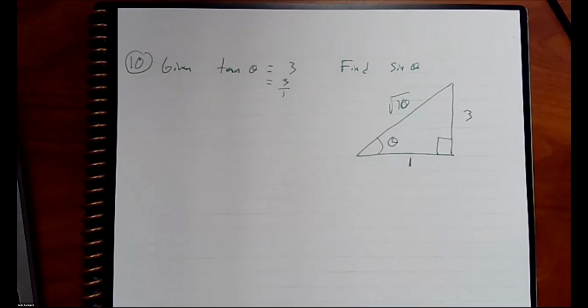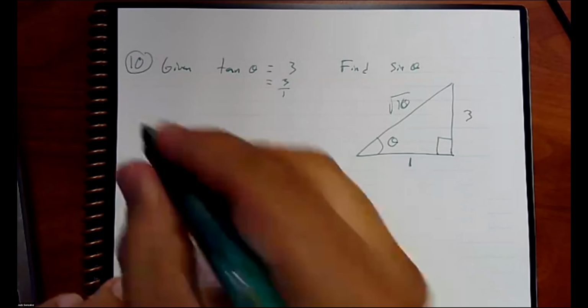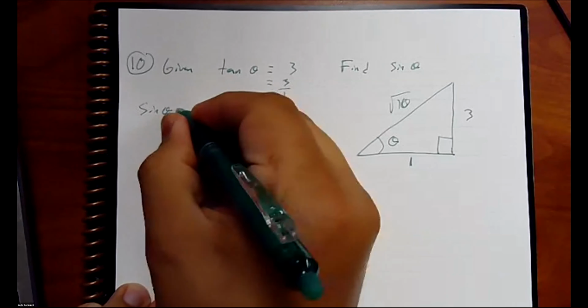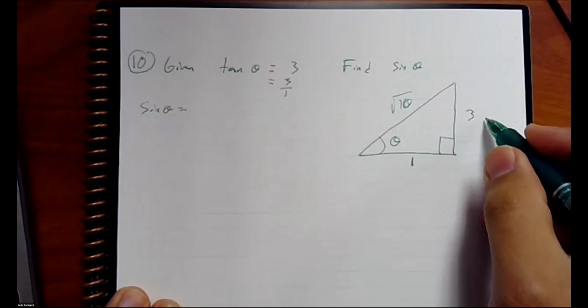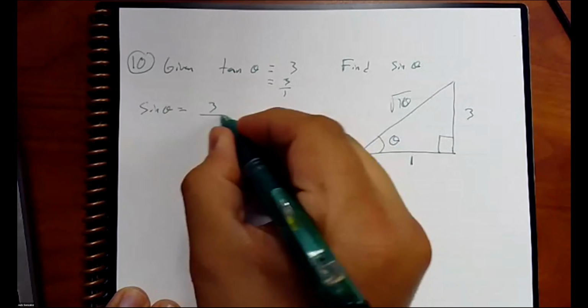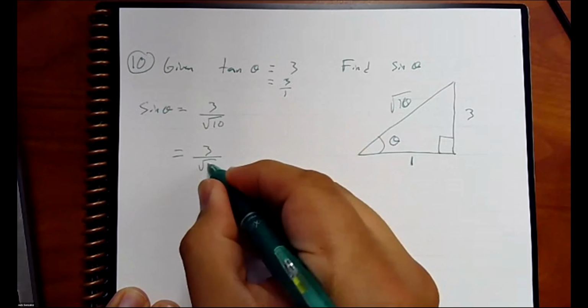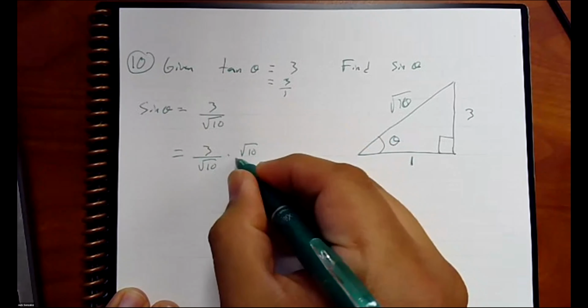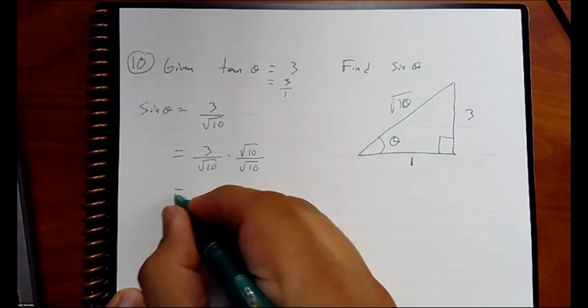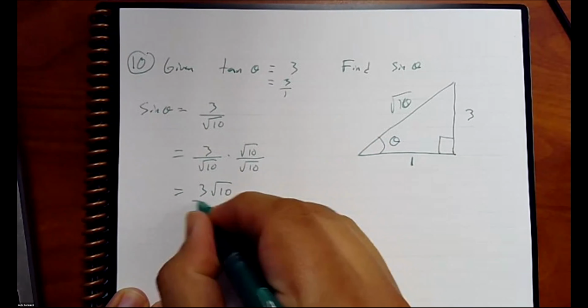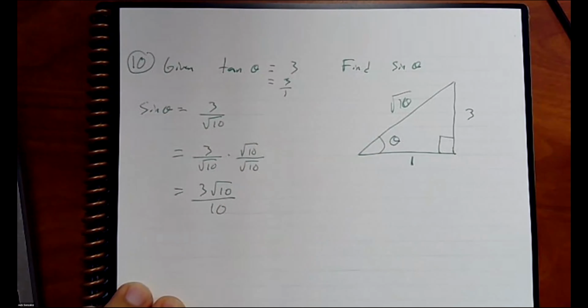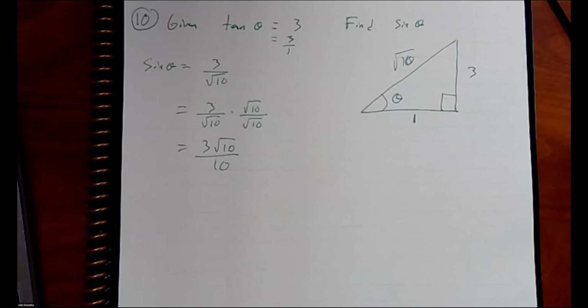So sine theta would be equal to opposite over hypotenuse. Rationalize. And that's it.